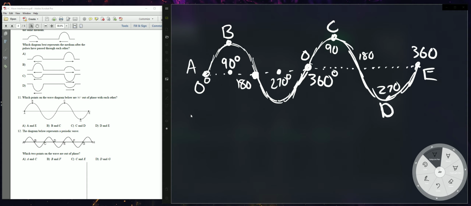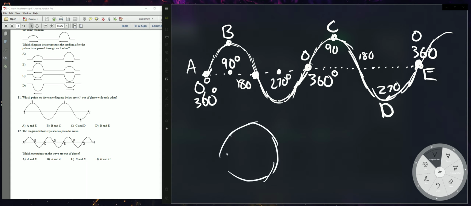So let's look at choice A. Choice A says A and E are in phase. Why are they in phase? Because if you just start here, that's also 0 degrees, 360, 0 degrees, 360.